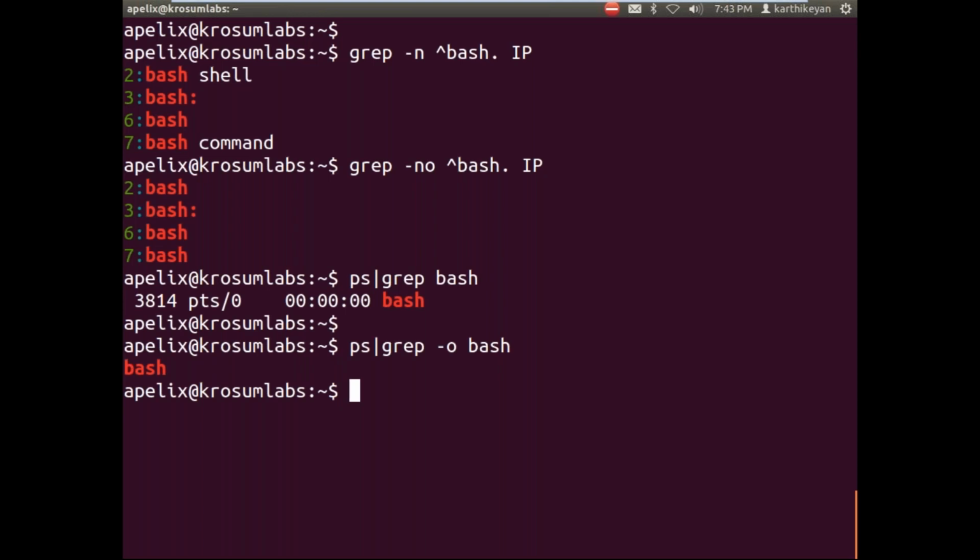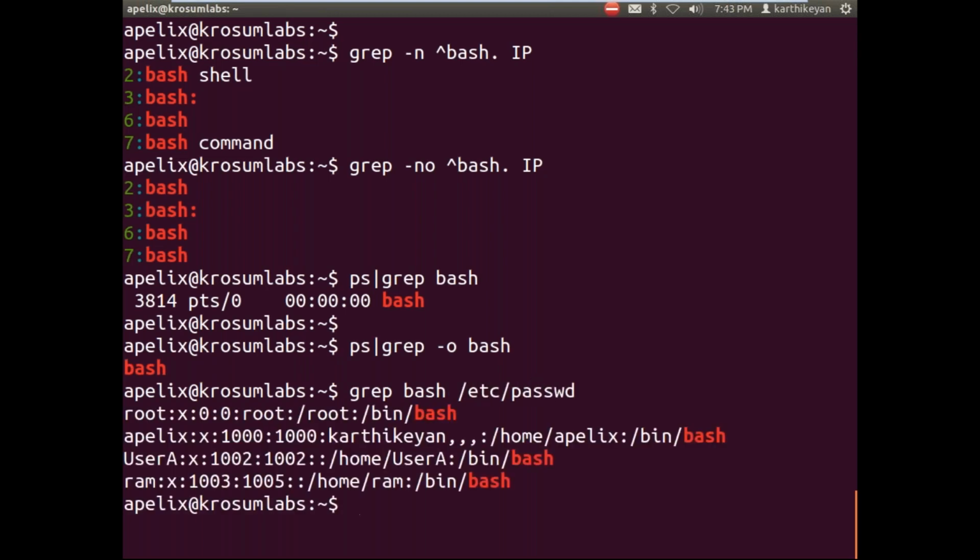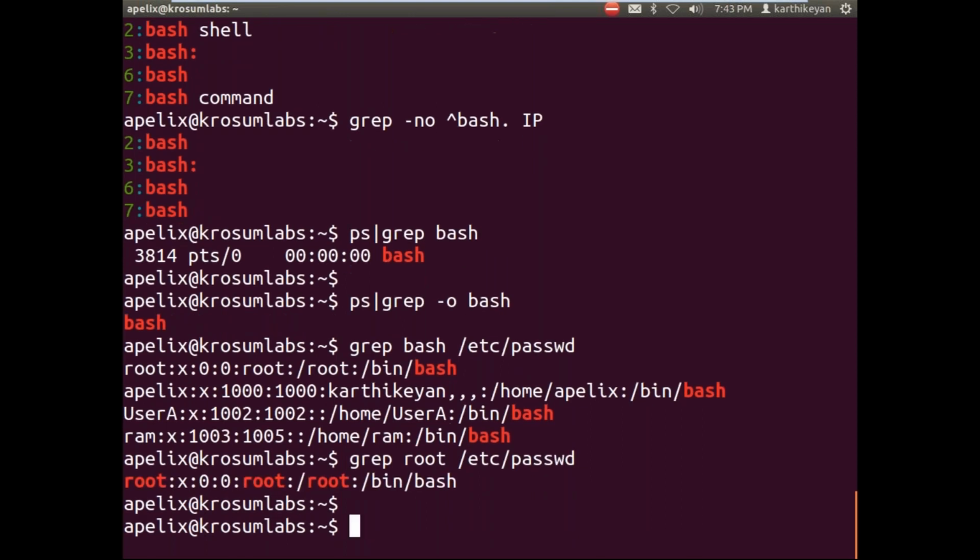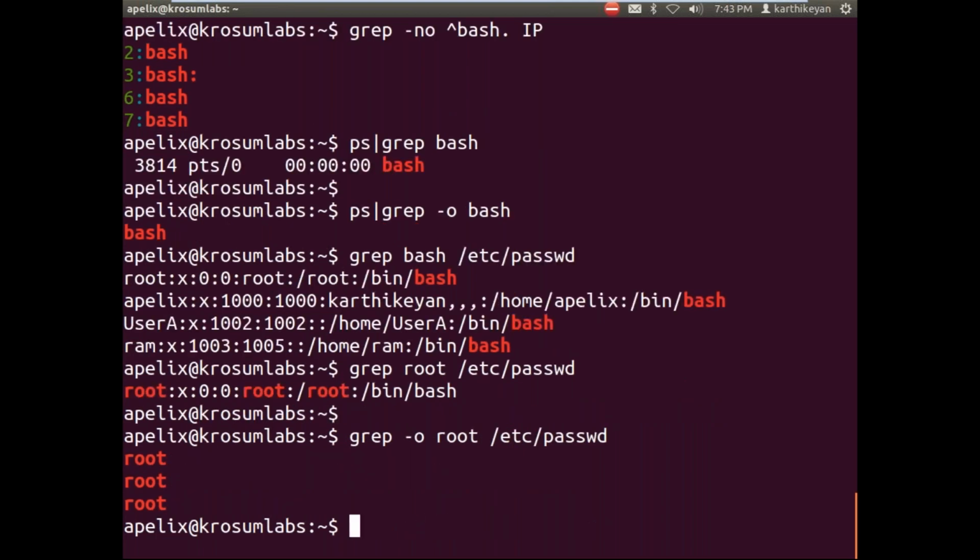Like grep followed by the bash keyword from the etc configuration file, wherever bash is there, it is matching. Or grep followed by root from the etc password file, wherever root is there, it is matching. So if you use the -o option, it will print the matched pattern data. Only the red colors are matching. There are three patterns. So if you want to print any specific output, use the -o option.